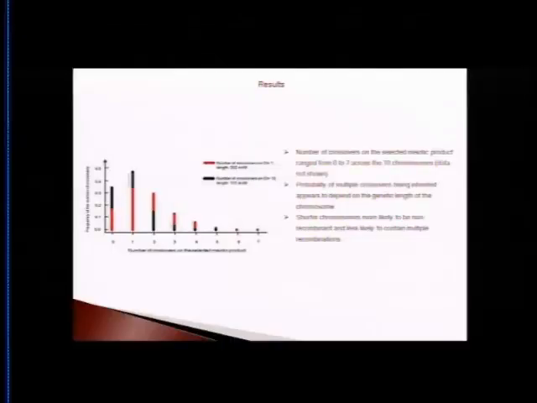This isn't the sum over 3 backcrosses? Not the sum of backcrosses, no. This is one generation. So in the selected product, you'd see some chromosomes with 0, but some with as many as 7 crossovers. That actually happened only with chromosome 1. None of the others had 7, because it does relate to size.